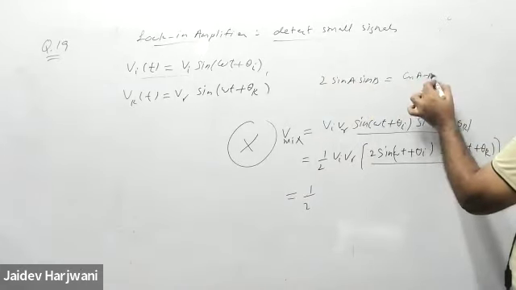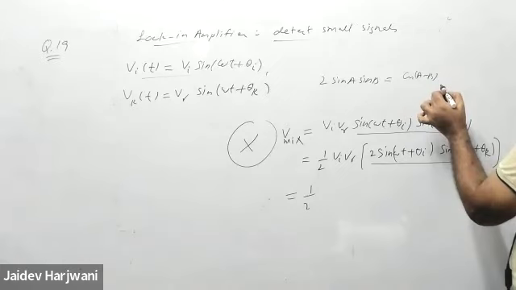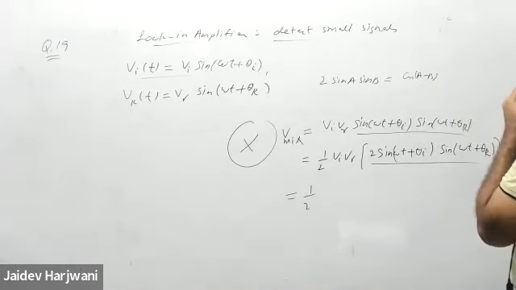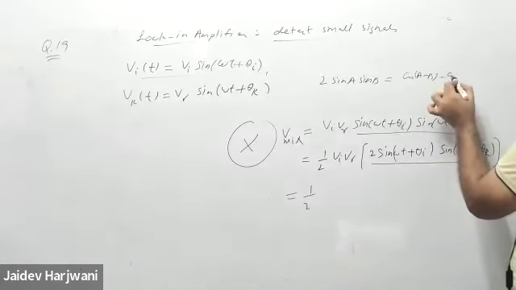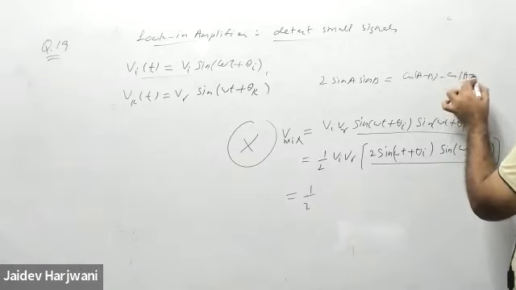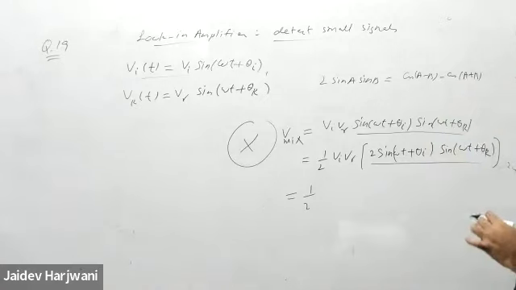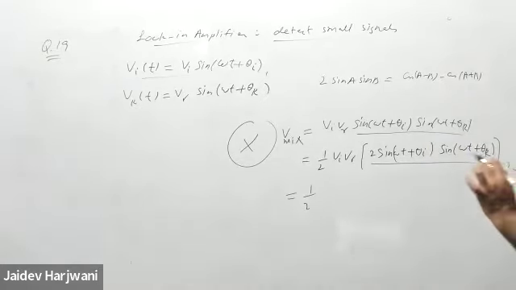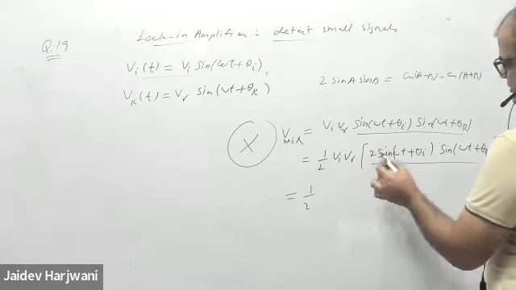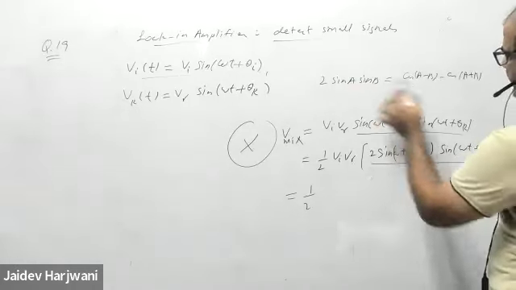Cos A minus B, minus cos A plus B. You just remember it. There is the 2, right? So this formula I can write directly like this.